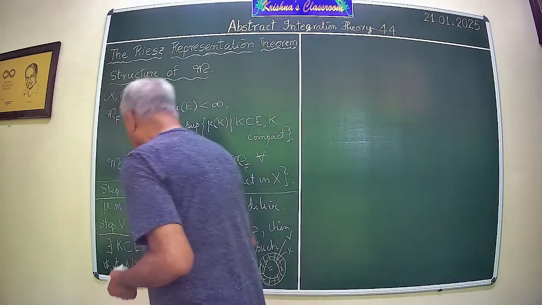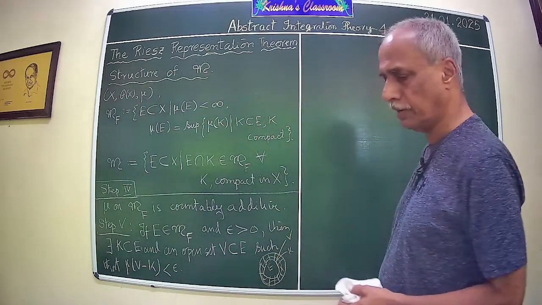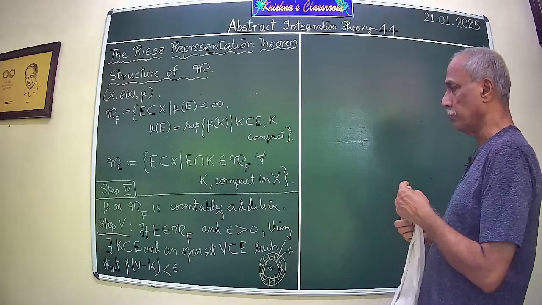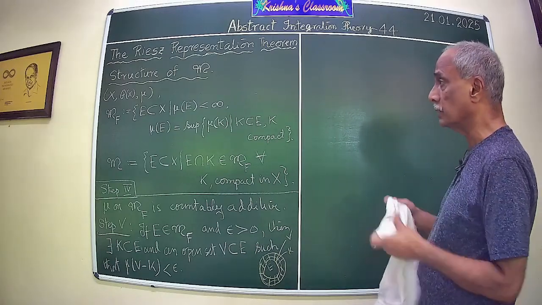That's the result. This we have proved in step 5. So these are some estimates that are useful in exploring the structure of M.